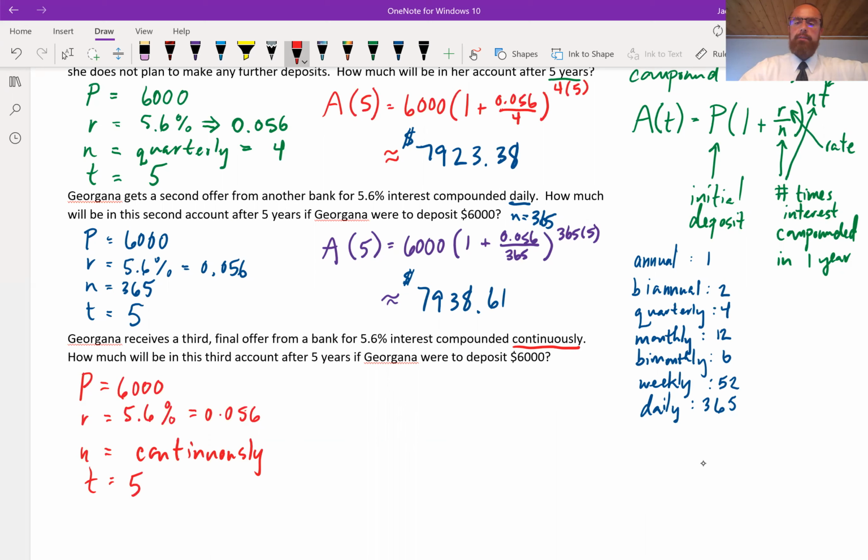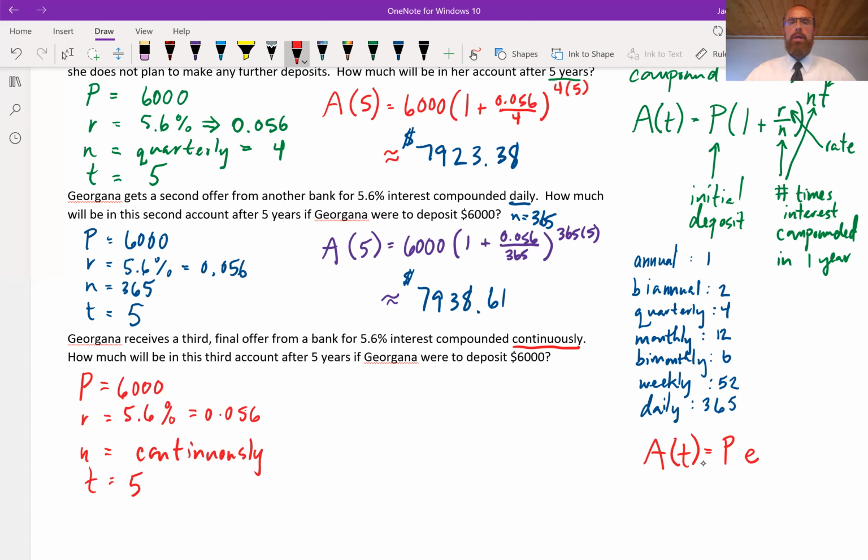Well, the truth is, if I see that I've got continuously compounded interest, so it'll always be in the words in the scenario, I have a different formula. It is also A at t, so the future amount in the account equals the principal, but instead of that base, 1 plus r over n, I have our natural number e.